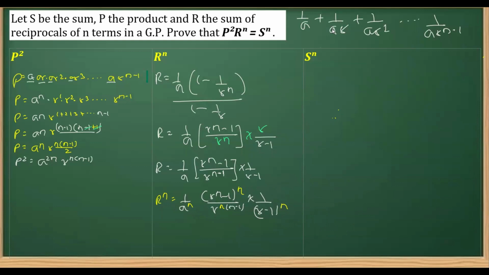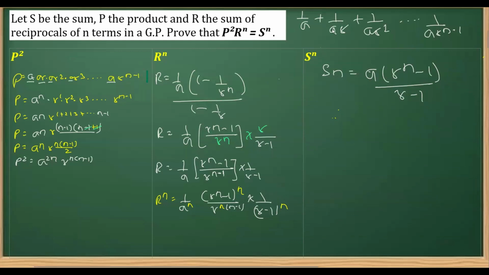what we have to do is to get S raised to the power n, where S is the sum. So it's a normal sum. We'll say that Sn is what here? Sn is a r raised to the power n minus 1 over r minus 1. And then we have to get S raised to the power n.